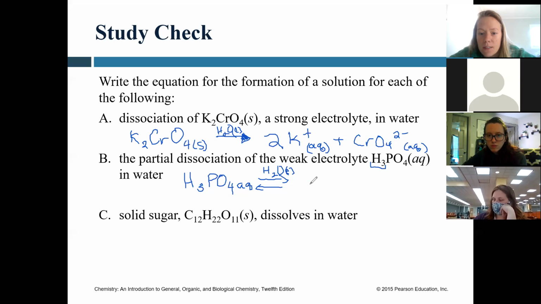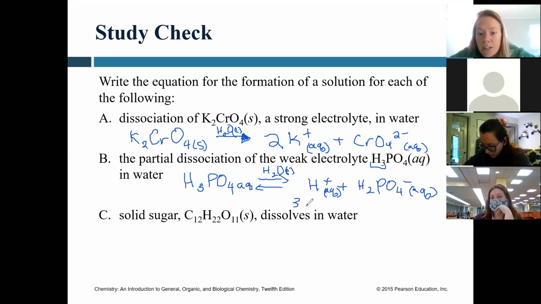This is actually what I want it to look like: H plus, aqueous, plus H2PO4 minus, aqueous. Because we stripped the first hydrogen off, we would go through another process, another reaction to strip the second hydrogen off.